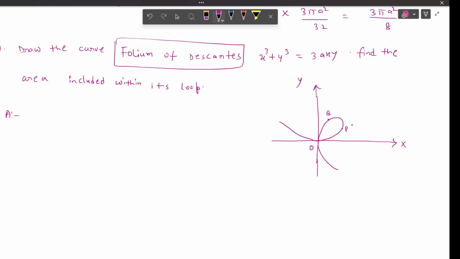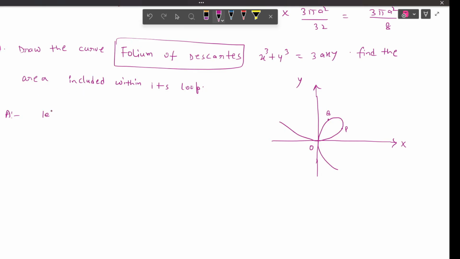Now, if we want to solve this integration by Cartesian coordinate system, it will be very complicated. So let us solve by polar coordinates.